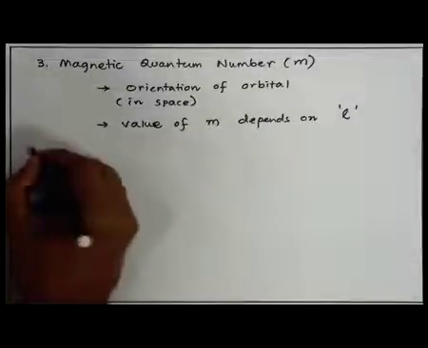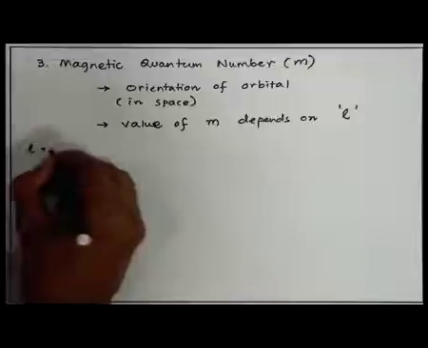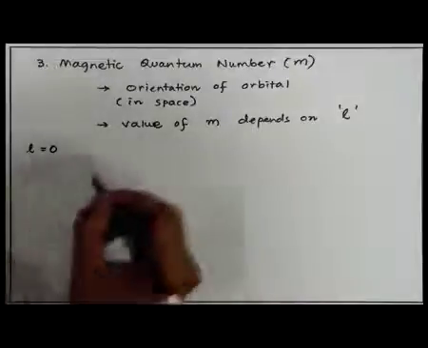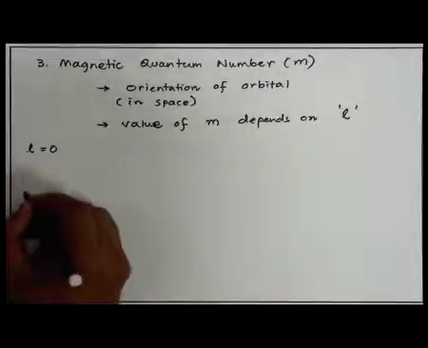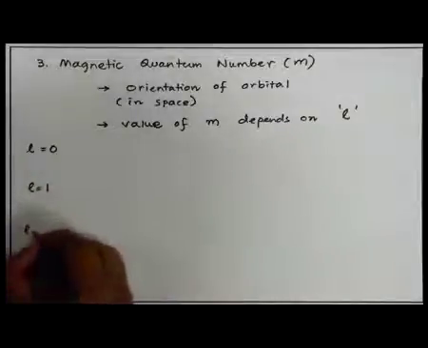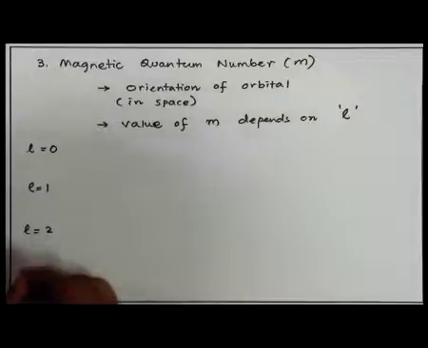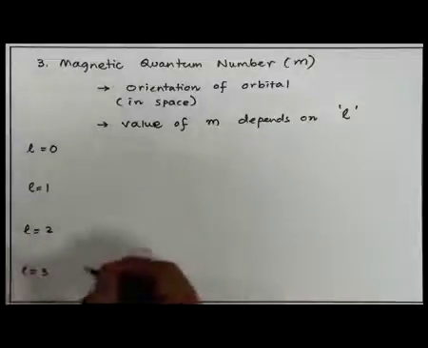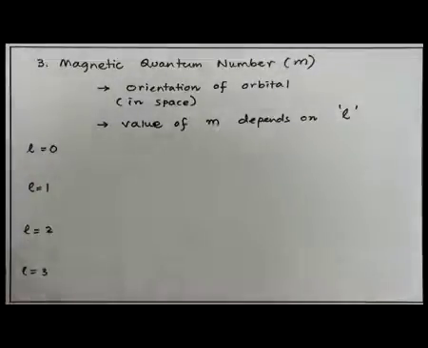What values of l have we seen? When l is 0, it is an s orbital. When l is 1, it is a p orbital. When l is 2, it is a d orbital. When l is 3, it is an f orbital, and so on.